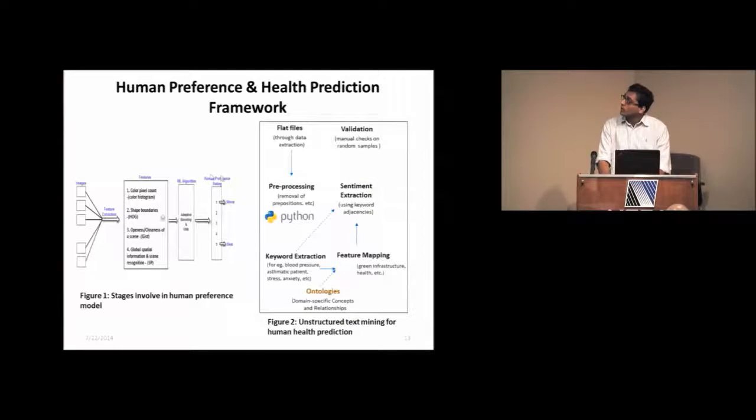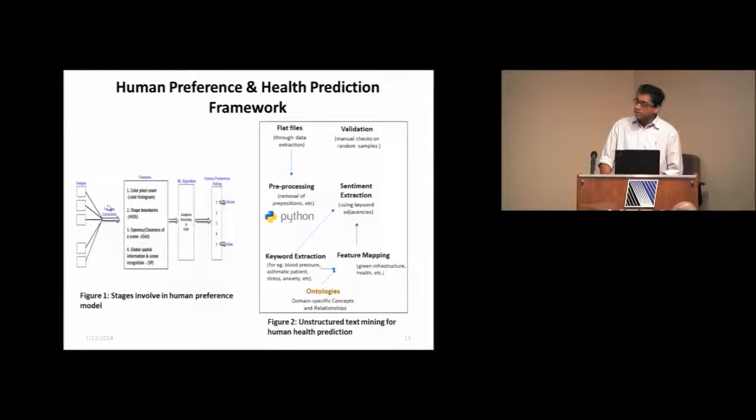So this is the framework we have come up with. On the left, this is the framework for the image preference model, an image-based machine learning model, of which we have done some prototype work, and we have got some results which are decent to prove that it's working. Here we have green infrastructure images with ratings of how people like it on a scale of 1 to 5.